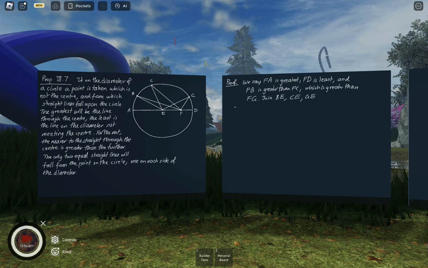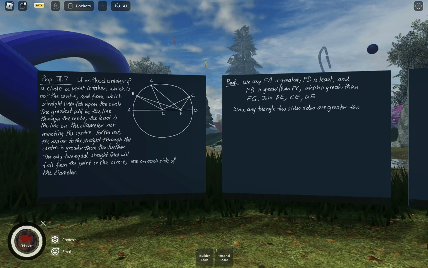Okay, since in any triangle 2 sides are greater than the remaining one, so that was proposition book 1, 20.